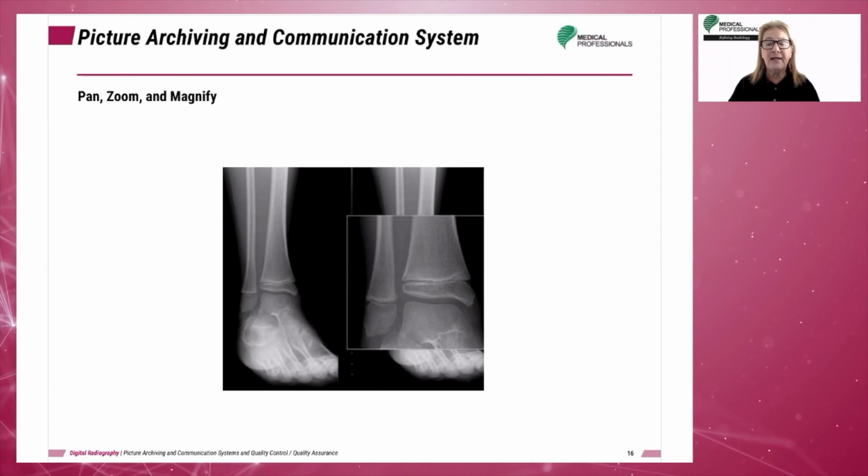Zoom and pan functions are usually used together. First, the image is zoomed up to the desired magnified level. Then the pan icon is activated so that the zoomed portion can be moved around, allowing the radiologist to view the different areas of the image.